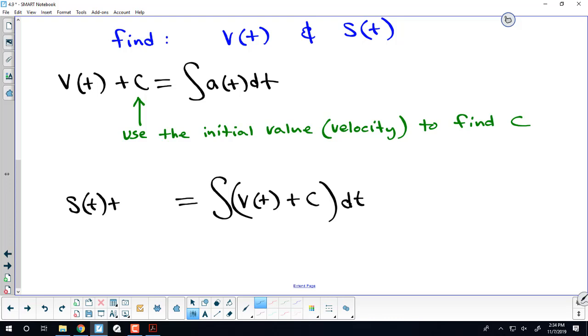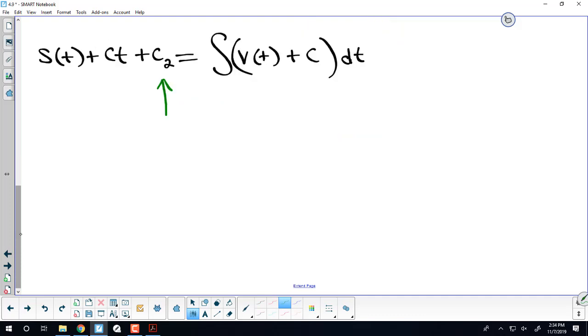Just being really technical here, we'll condense this in a moment. So that c would then be anti-differentiated too. That constant antiderivative with respect to x would give us c times t. And then we get some other constant here, we'll call it c2. Doesn't really matter.